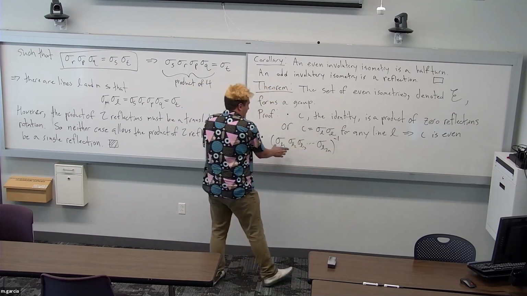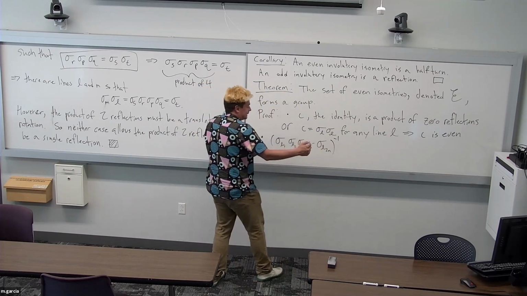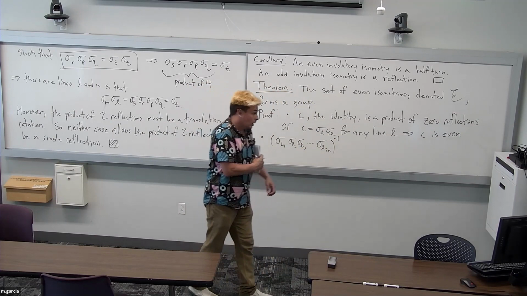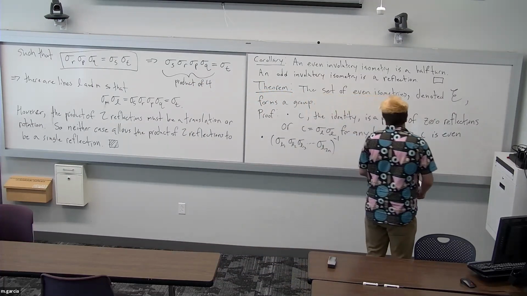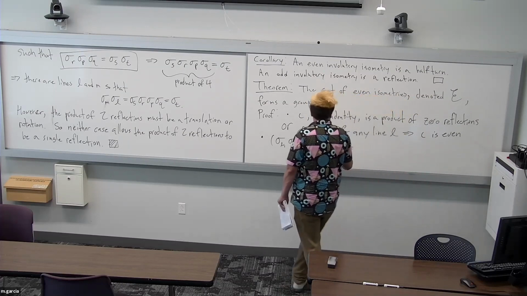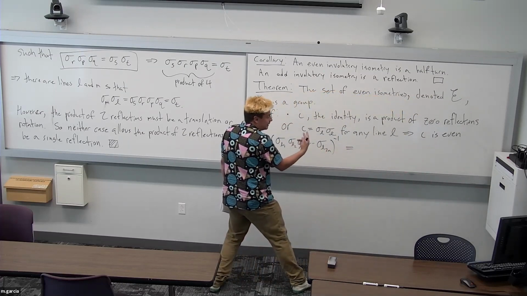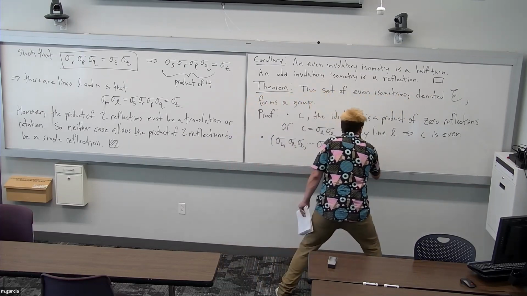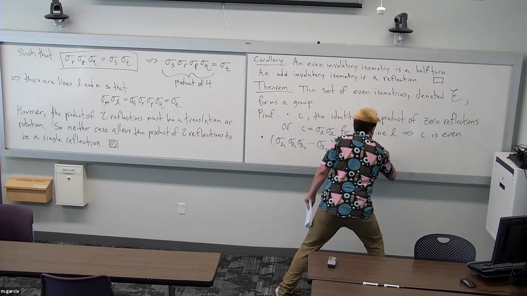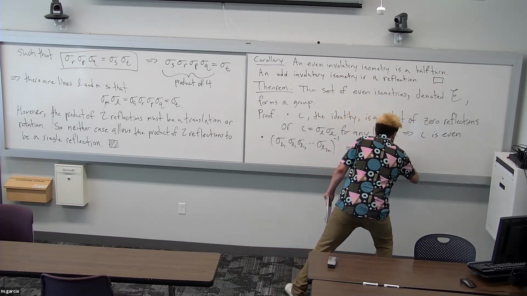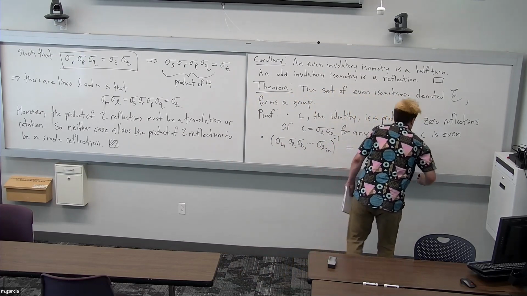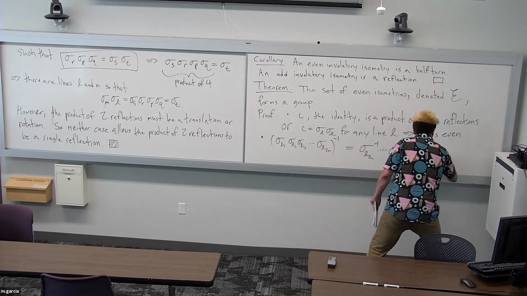Well, we know how to take the inverse of any product of isometries. We flip the order and take the inverse of each element, right? So we get sigma L2n inverse, sigma L3 inverse, sigma L2 inverse, down to sigma L1 inverse.